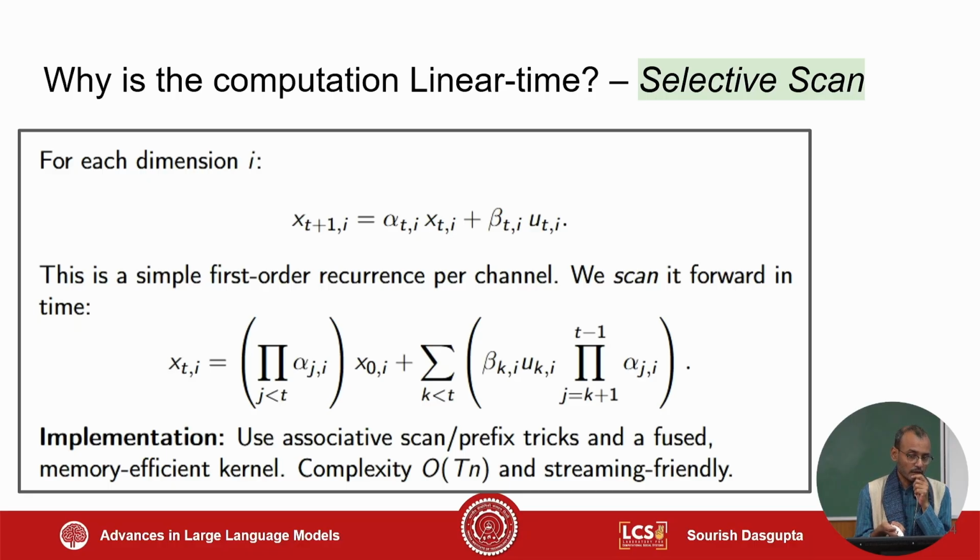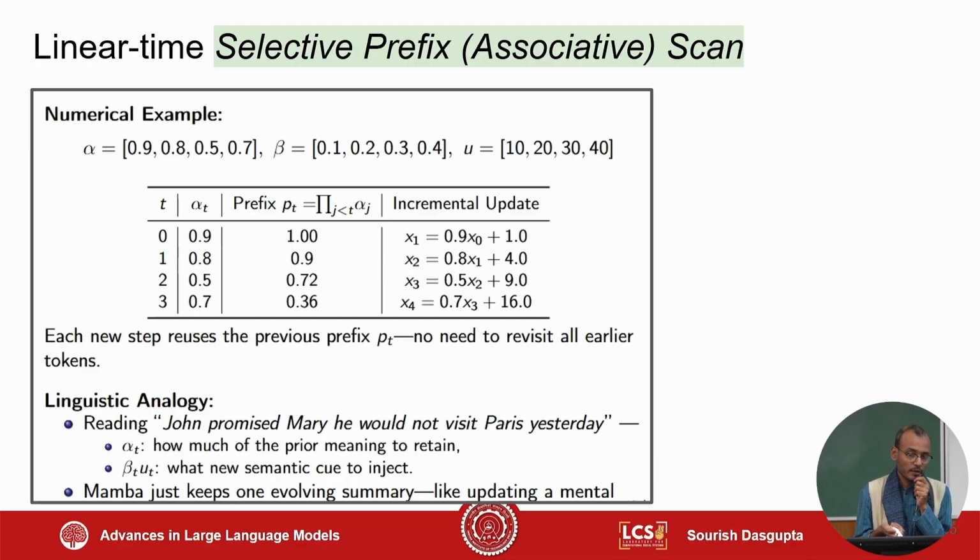I gave you an example of why it's linear time. At time point 0, you knew nothing, so your projection would be just 1. The prefix, which we call the prefix, is just 1. And let's say your alpha t is 0.9. So your incremental update will be 0.9 of x0 plus 1.